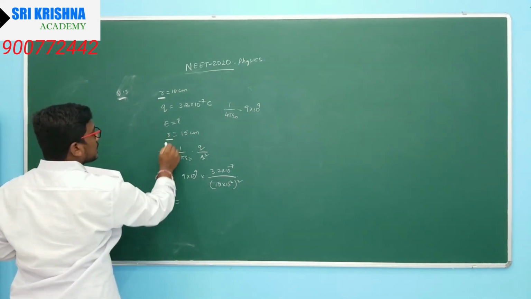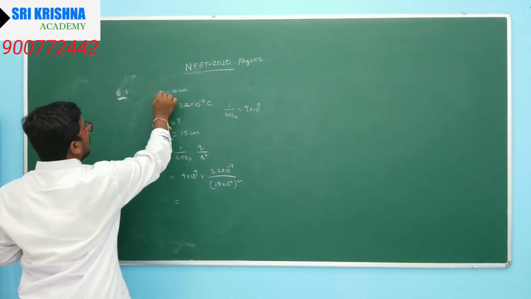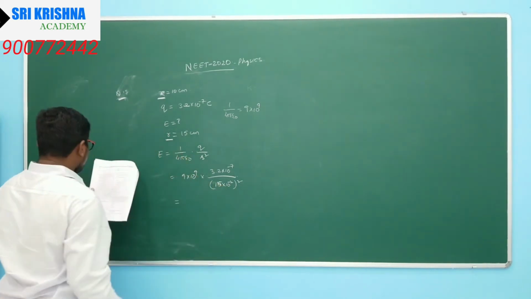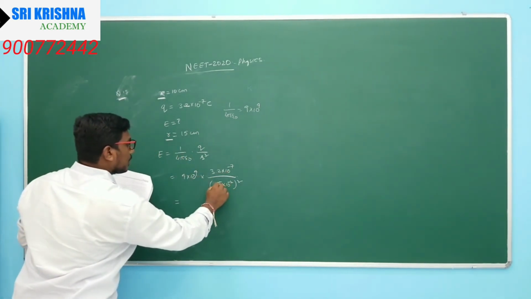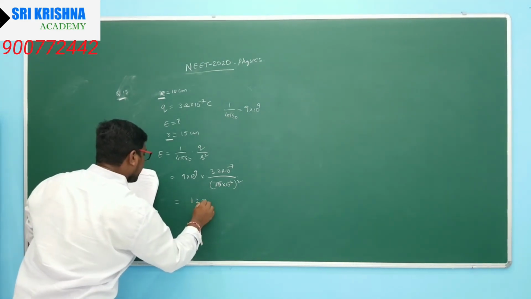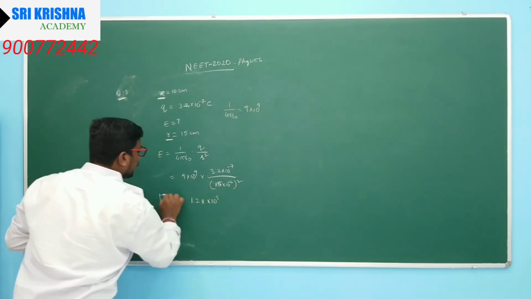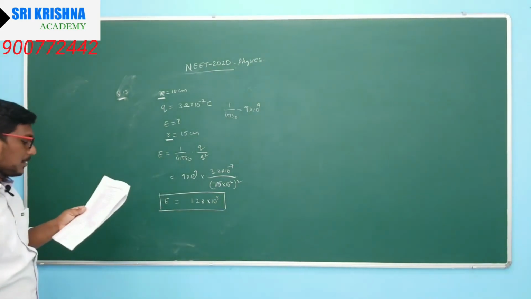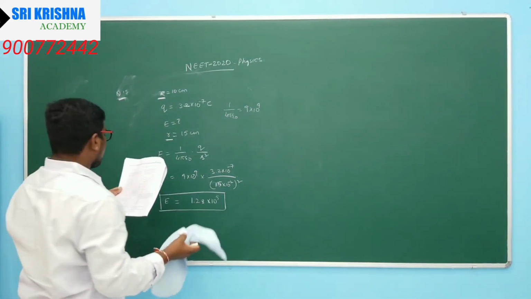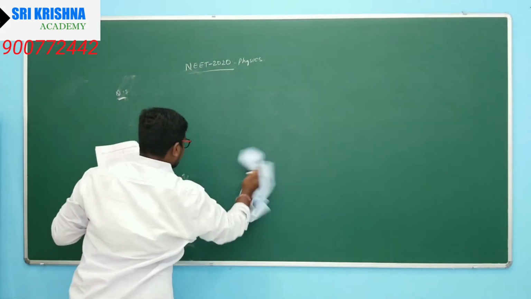We should consider the distance, 15. Upon substitution we get 1.28 into 10 to the power of 5. This is our electric field value, newton per coulomb. Next.